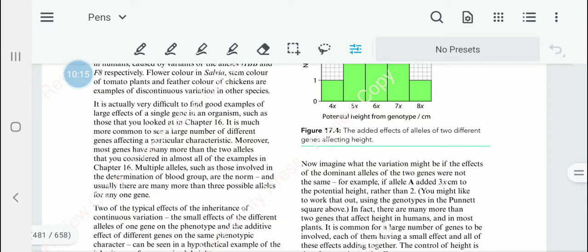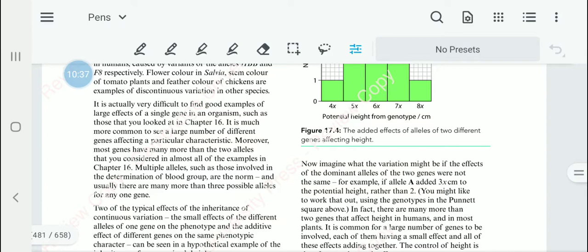Because many genes have more than two alleles, that you have discussed in the earlier chapter. Many alleles, for example, in determination of blood group, there are many alleles that take part in it.